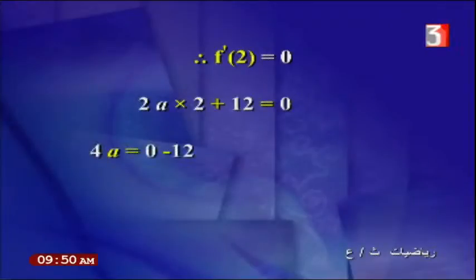Then 4a equals 0 minus 12, then 4a equals negative 12, divided by 4, then a equals negative 3. Then we can choose the answer B. So when the function has a critical point, the constant a must be equal to negative 3.